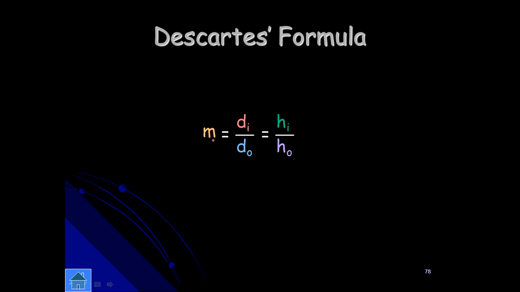The other part of this is that it's also a ratio for magnification. The ratio of the image over the object and the height of the image over the object. So if you think about it, if this number is bigger than that number, it's going to be a number greater than 1, so then it's going to be a magnification.